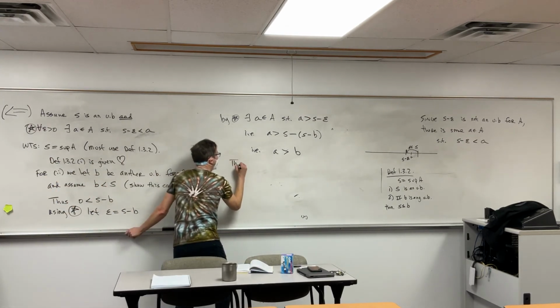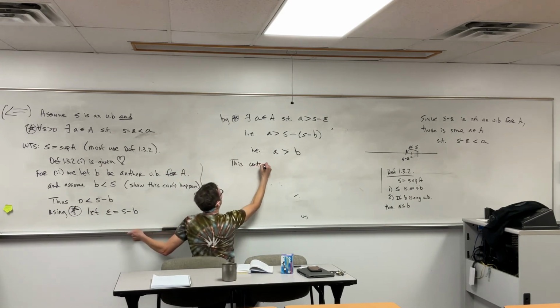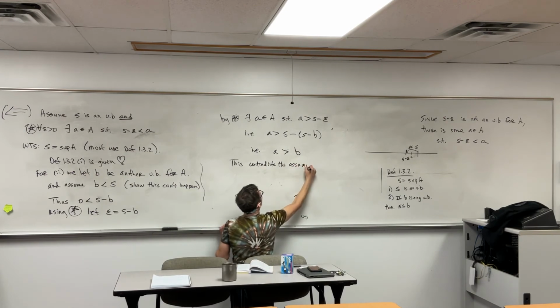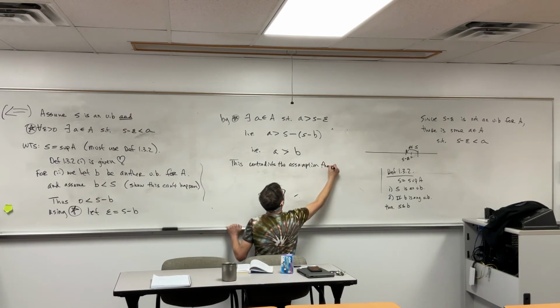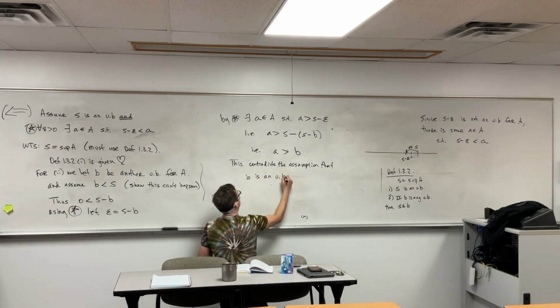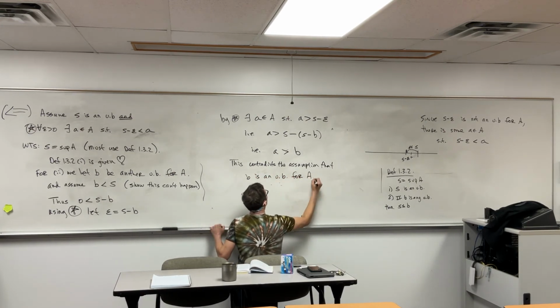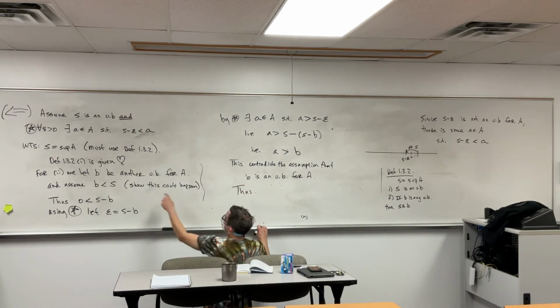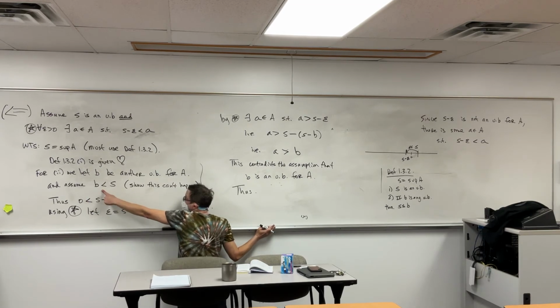So this contradicts the assumption that B is an upper bound for A. Thus, this can't happen, because having that thing be positive was the cause of all our sufferings. So if B is another upper bound for A, B has to be greater than or equal to S.